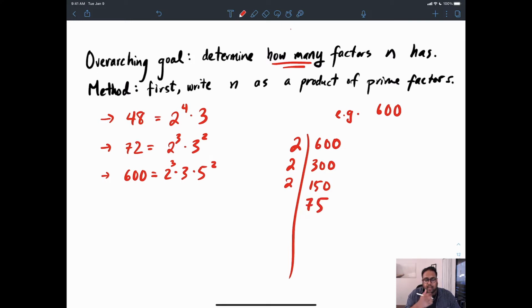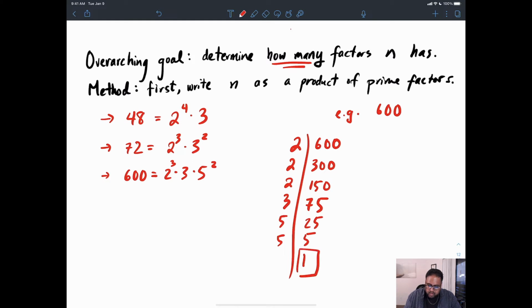Now 2 no longer divides 75, so I've exhausted all of my factors of 2. But 3 does divide 75 evenly. So when I divide 75 by 3, I get 25. Now the smallest prime factor of 25, that's 5. So I'm left with a 5 after that. The smallest prime factor of 5 is just 5.